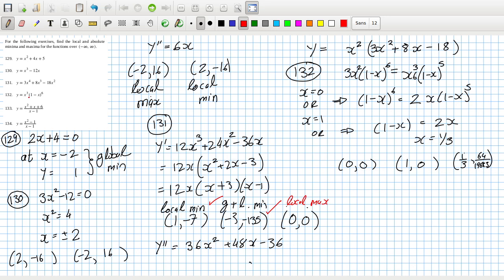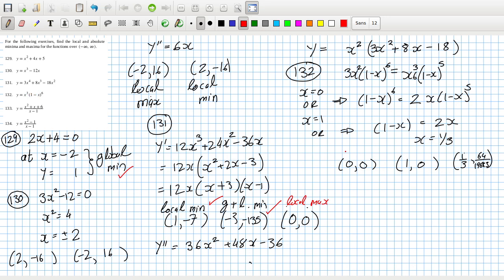Maybe I do need the second derivative here. Do I have to get the second derivative? I feel like there should be a smarter way. So when x is slightly above 1 or below 1, it would be a max.